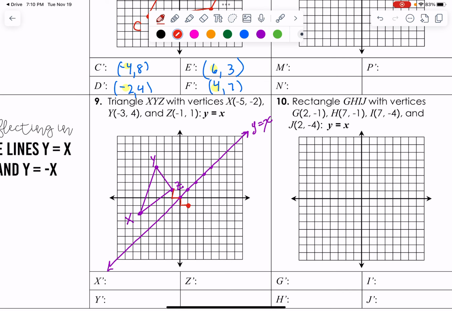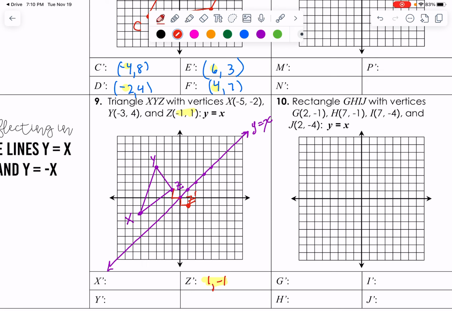And that is z prime. So what's the name of that point? Z prime is now 1, -1. Look at the coordinates. What happened? They switched. Let's see if that pattern continues.